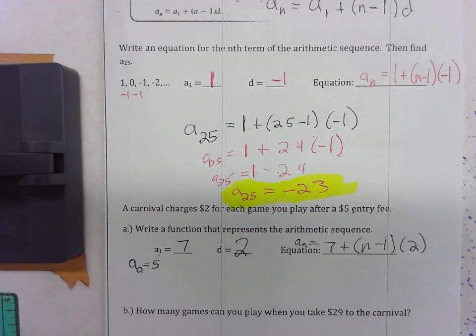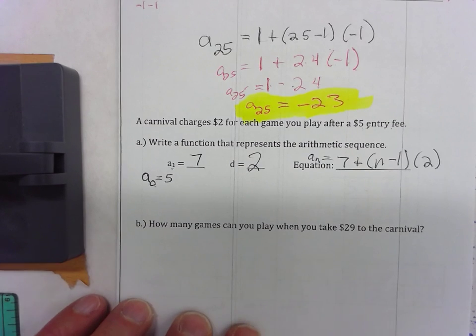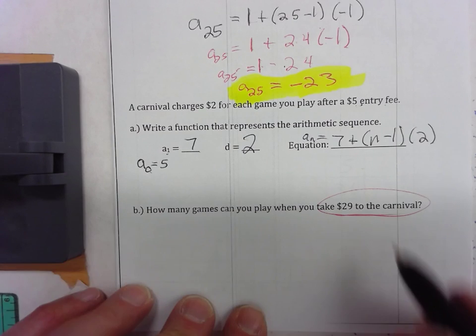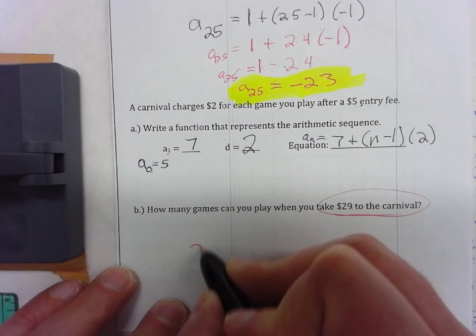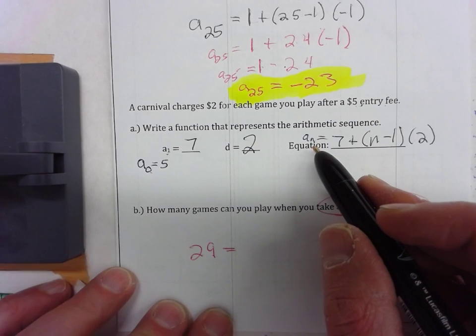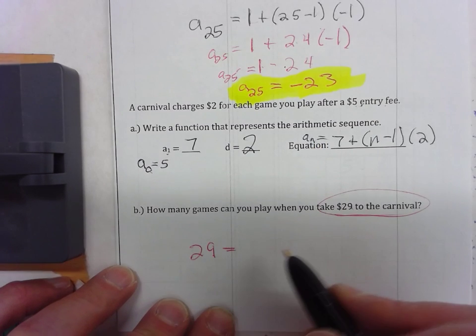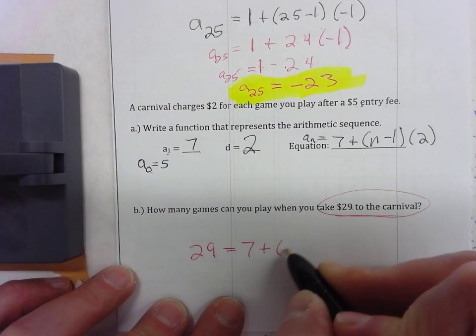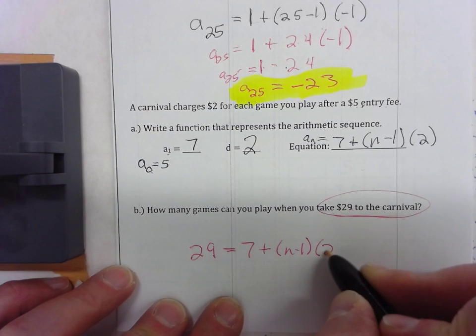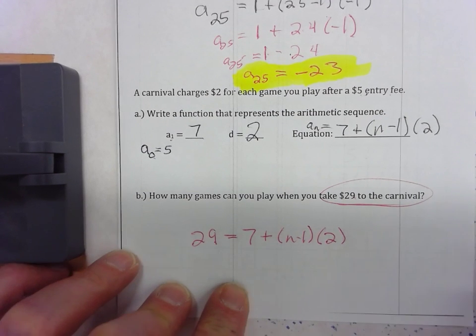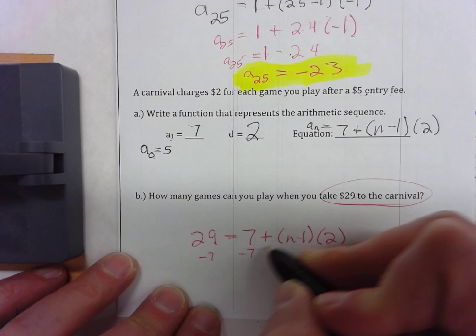Then when I plug everything in, I'm supposed to figure out how many games you can play when you have 29 bucks. You take that 29 and put it in place of the nth term. Then we take our first term and n minus 1 times your common difference. Let's subtract that 7 to get it out of the way.